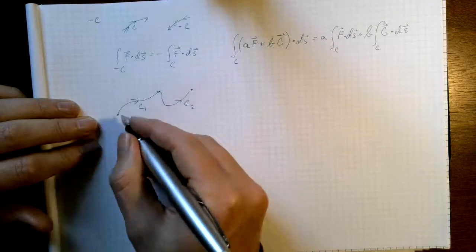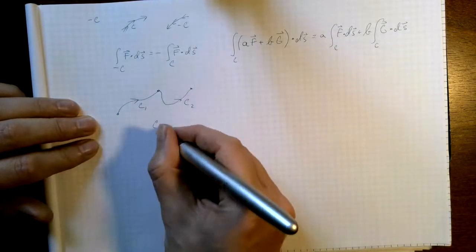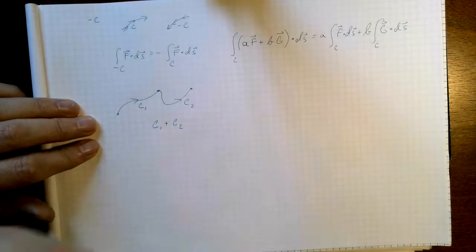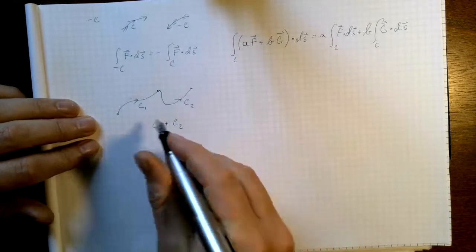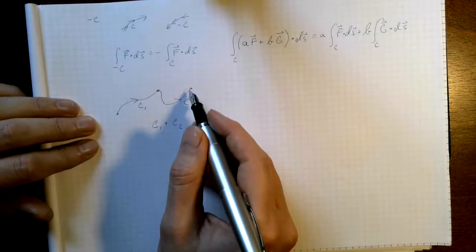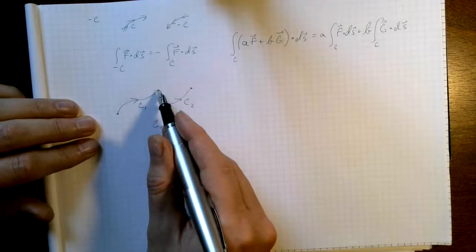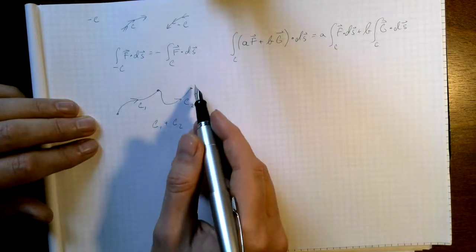People sometimes write this path, putting this together, as C1 plus C2, right? It means we traverse C1 first, and then we traverse C2, right? So the little particle is traveling first along here, and then it's traveling along here, right?